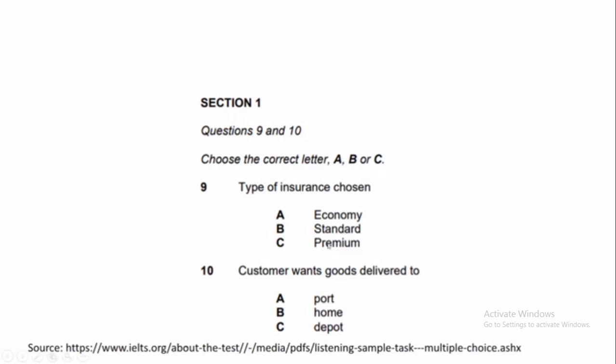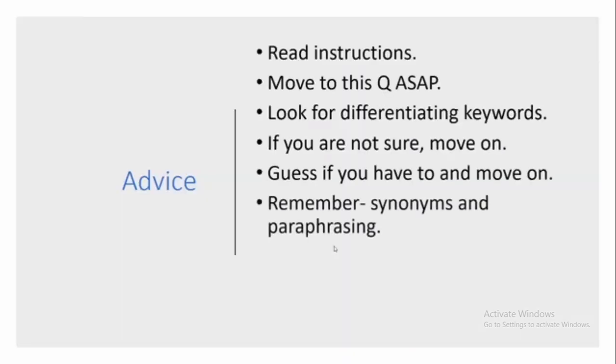So the person might not say premium. They might say VIP or first class or the most expensive one, or they might just be talking about different levels, the highest level. You have to be aware of this. If you're just thinking, I'm listening for premium, premium, premium, and premium doesn't come up, you're going to be completely lost. So always be aware of those different things.